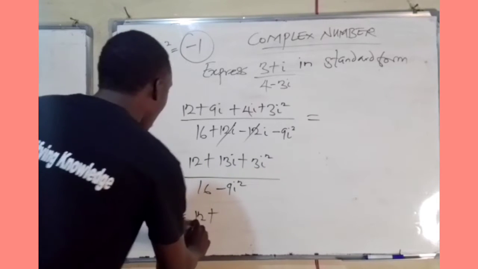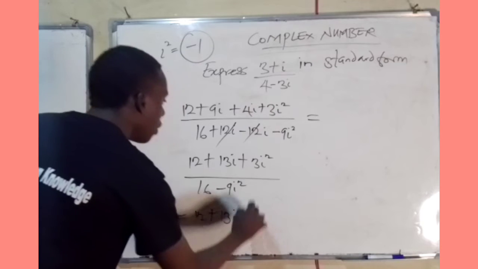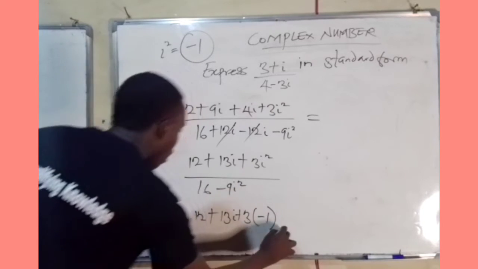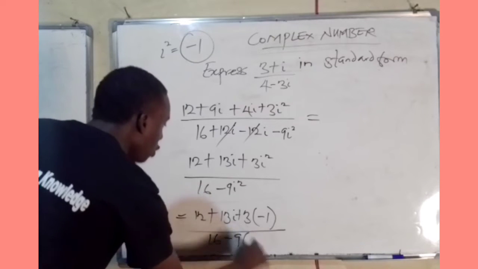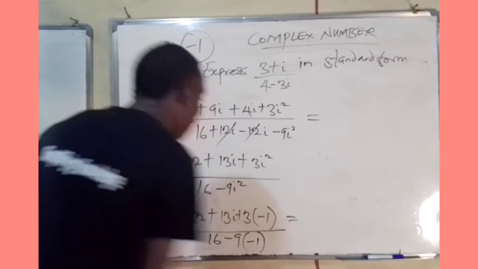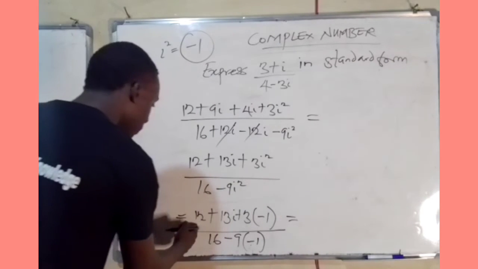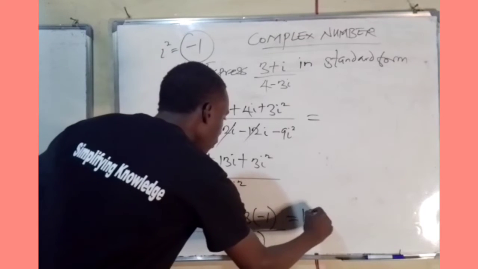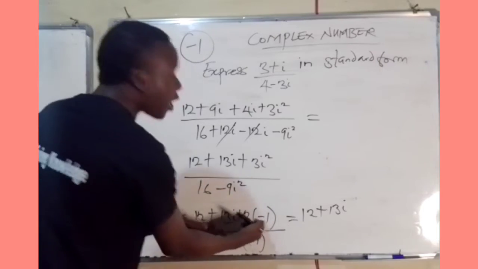So this is 12 plus 13i plus 3 into minus 1, all over 16 minus 9 into minus 1. 3 times minus 1 is minus 3.